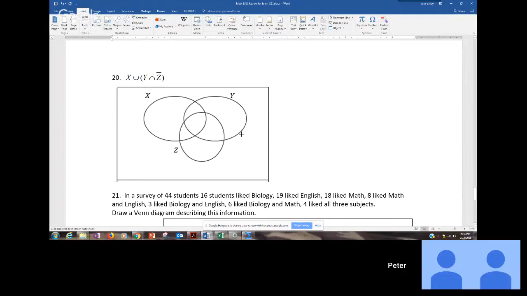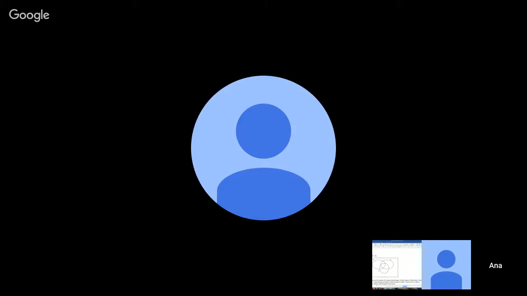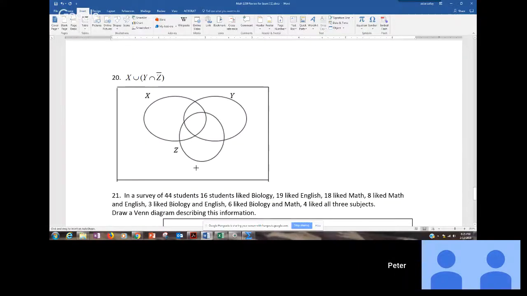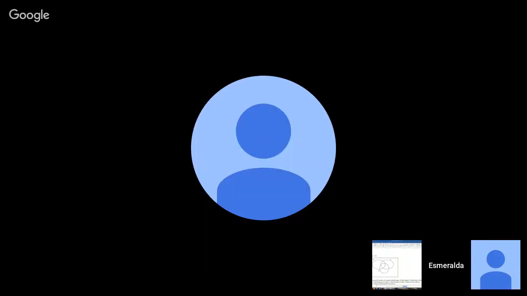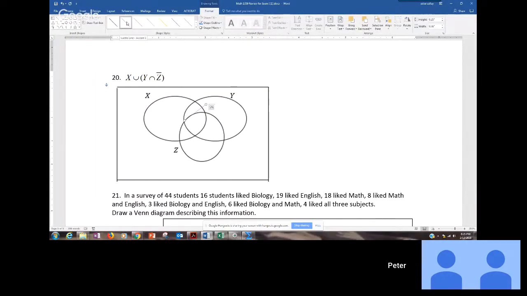It's the outside piece we're thinking about, and we're intersecting that with Y. So I need to look outside where it's crossing with Y. So it's this chunk, from right here all the way down to here.